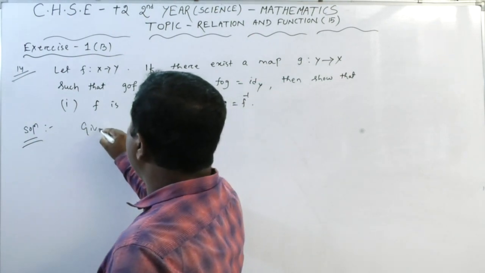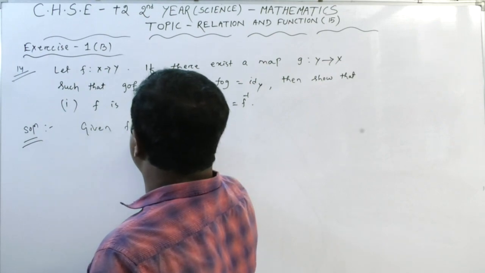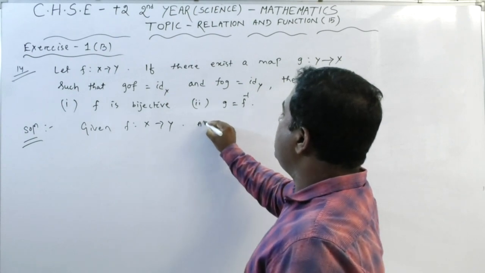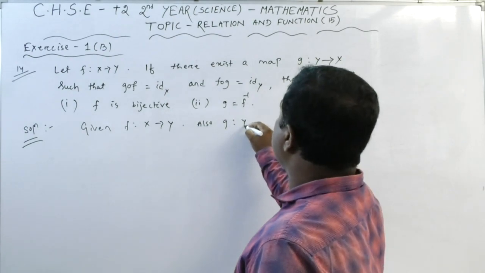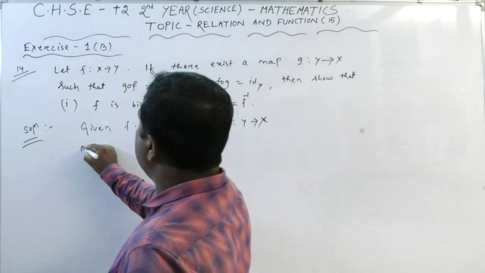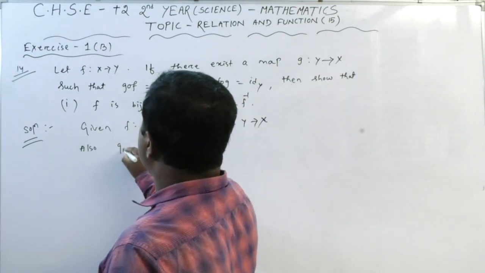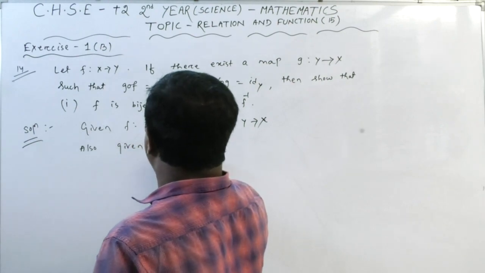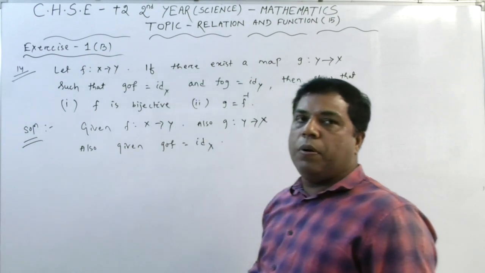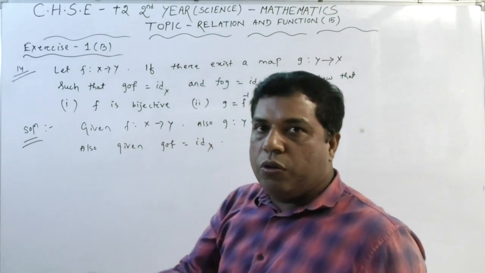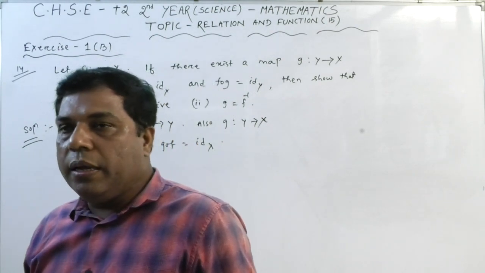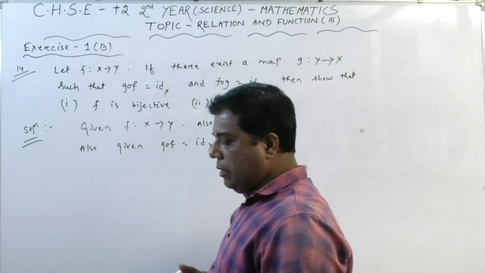Given f is from X to Y. Also g is from Y to X, it is given. Also given gof is identity on X. You know, identity function means if you put some element, you will get the output as the same element.